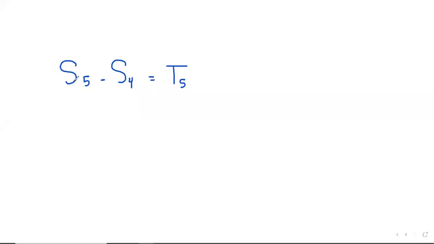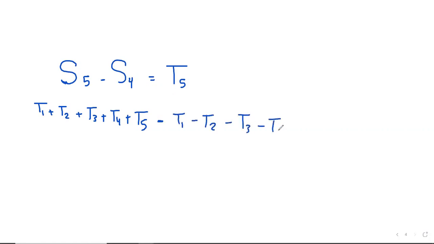I'll show you now an important piece of information, S5 minus S4. What is S5? S5 is the sum of the first 5 terms: T1 plus T2 plus T3 plus T4 plus T5, minus S4. You know what S4 is? It's T1, T2, T3, T4.